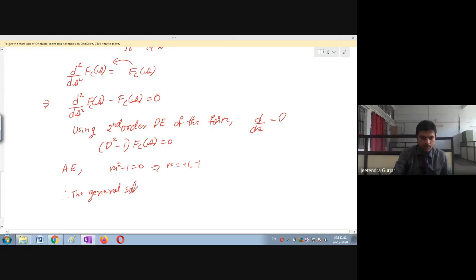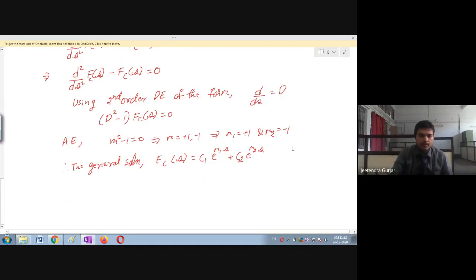Yes, therefore we get the general solution, that is, f c s is equal to c1 e raised to m1 s plus c2 e raised to m2 s. So we can take m1 is equal to plus 1 and m2 we can take as minus 1, students.